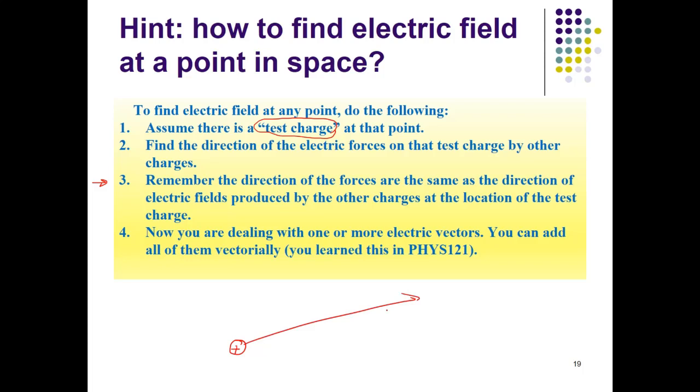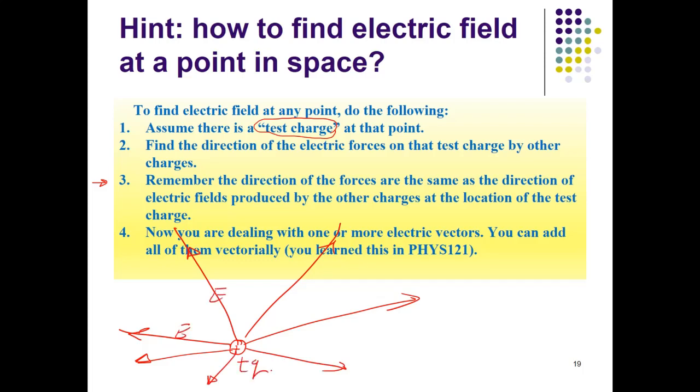electric field is going away from it, okay? And I explained why this is the case. Electric field will be away from it, always getting away from it. This is a positive charge. If the charge is negative, the electric field is going toward it. So again, why is that?